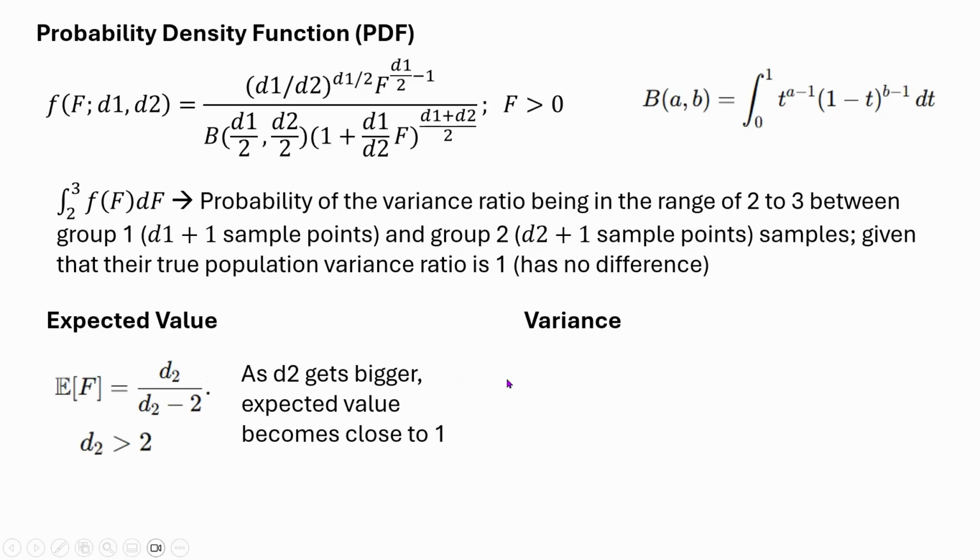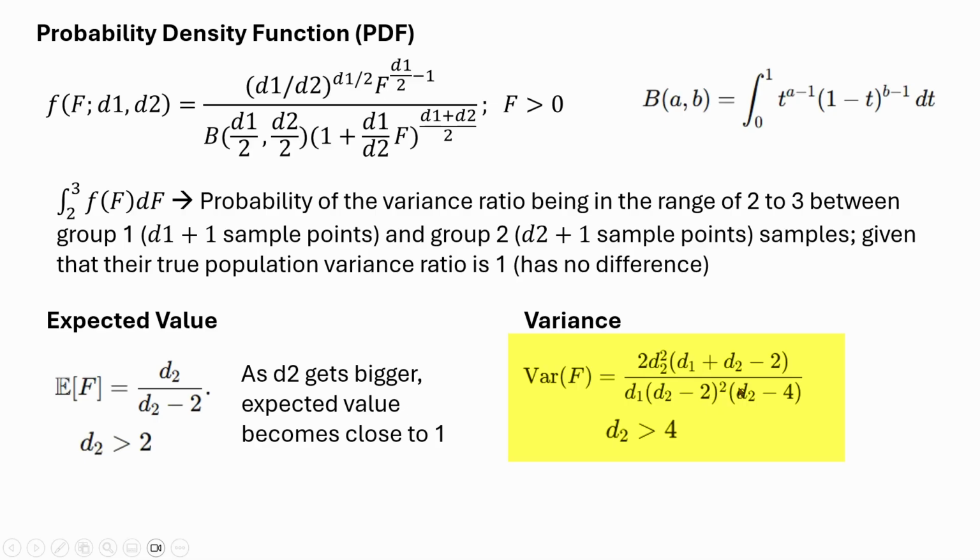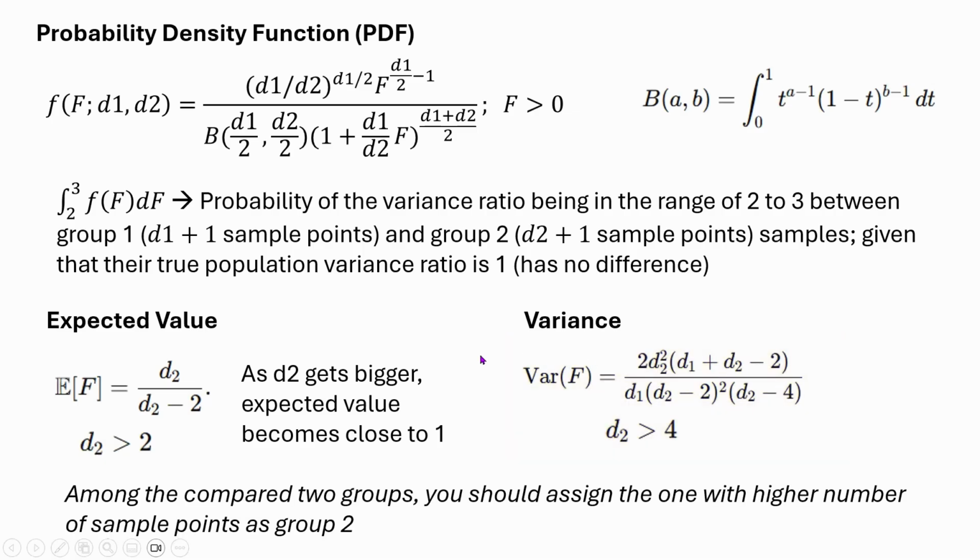Next, variance. The variance equation is extremely hideous. For the variance to exist, d2 has to be bigger than 4, because d2 minus 4 is right here in the denominator. So the final moral of the story that I want you to take away from here is that among the compared two groups, you should assign the one with higher number of sample points as group 2.